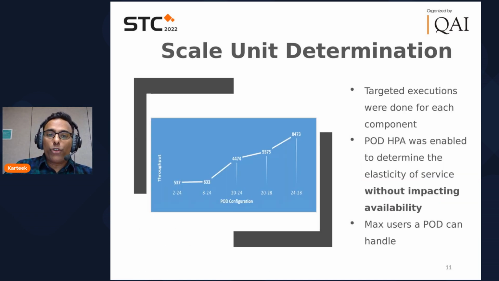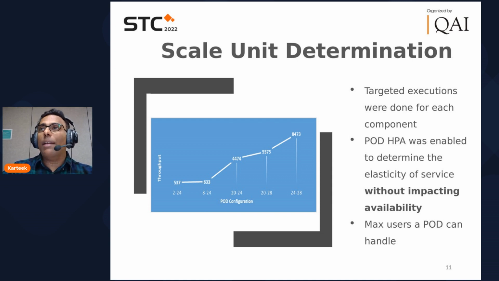So, as a solution for it, we took a single pod, as the solution was deployed in Kubernetes, and saw what is the max capacity a pod can handle without impacting our availability targets. So if I can get an RPS of 100 or 200 with a single pod, it does not just mean I am not seeing any failures.